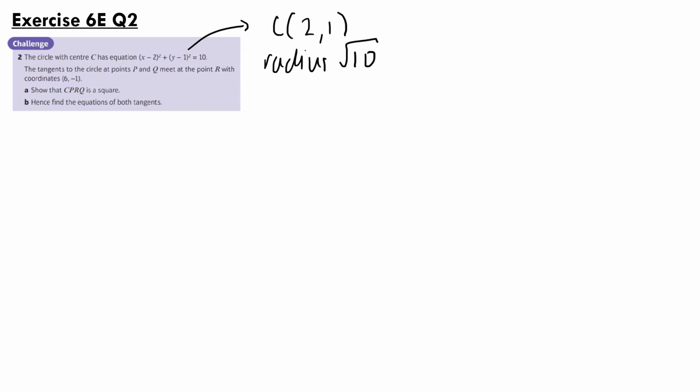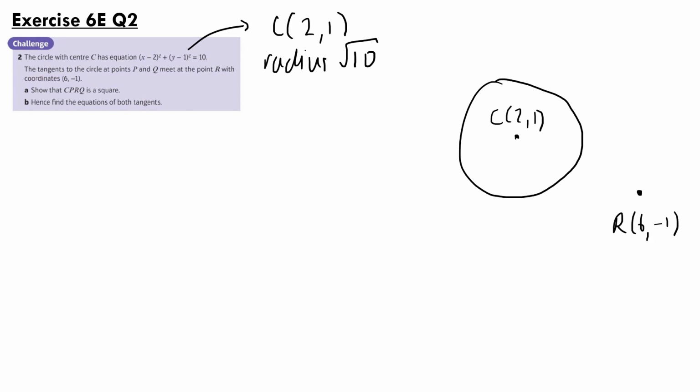So if we draw that on the little sketch, this is our circle with centre C, (2, 1), and there will be a point (6, −1) outside the circle somewhere here. That's point R. And so we know that the two tangents will meet at R, so those will look something like this.